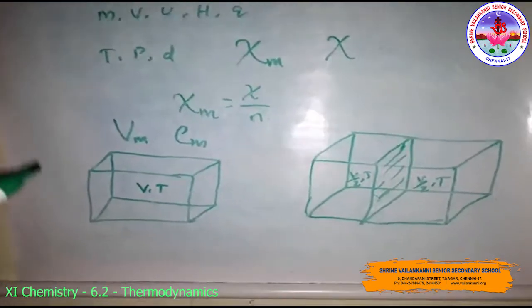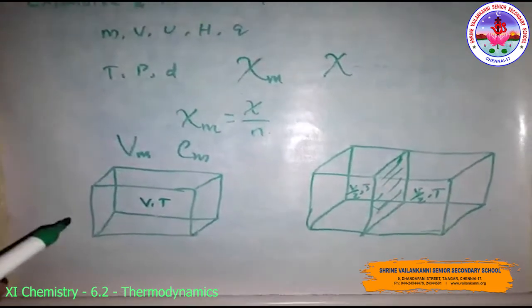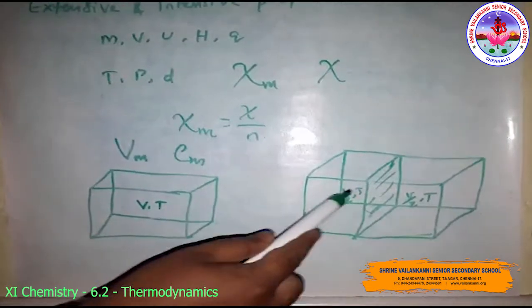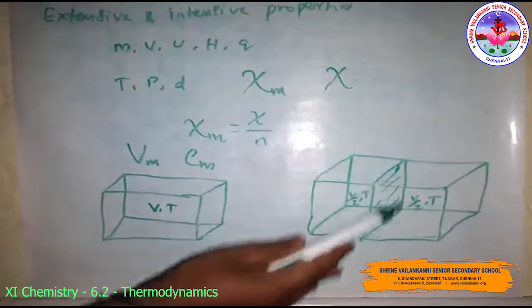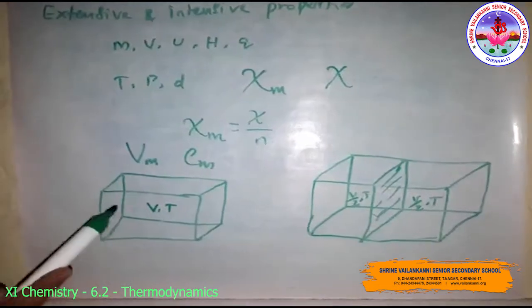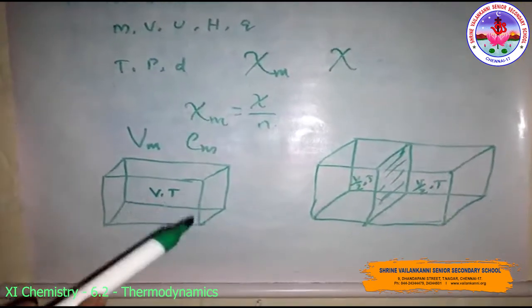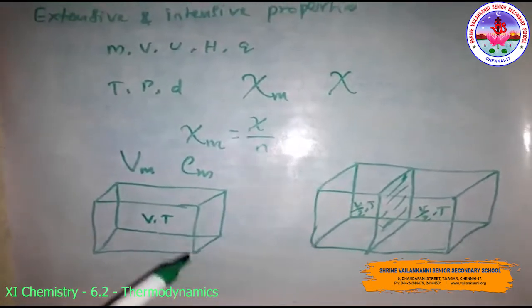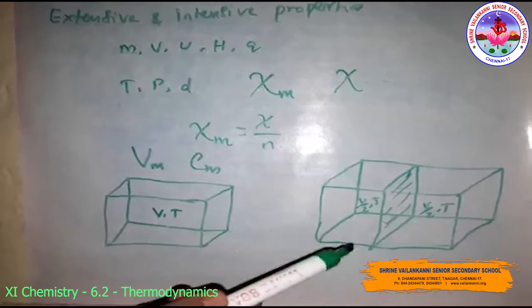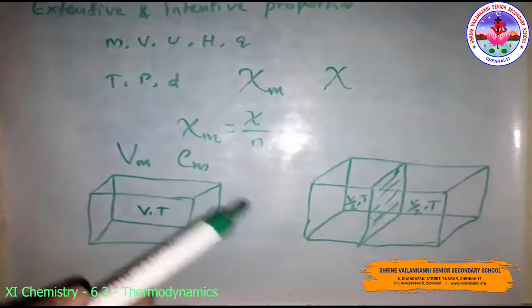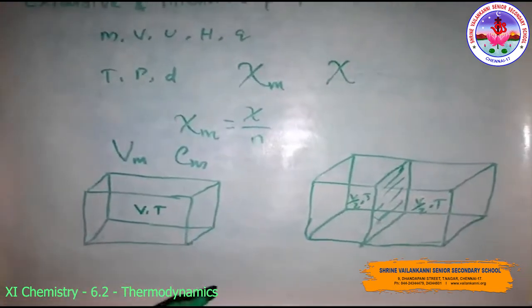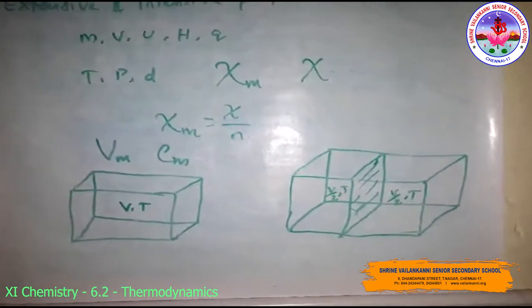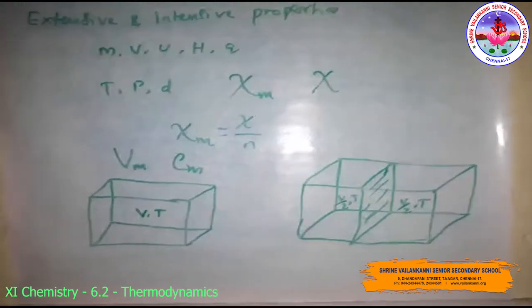Look at this, the partition halves the volume. Each part is V by 2, and this one half part and this one half part together form the whole. So each part now has one half of the original volume, V by 2, but the temperature still remains the same, T. It is clear that the volume is an extensive property and the temperature is an intensive property.